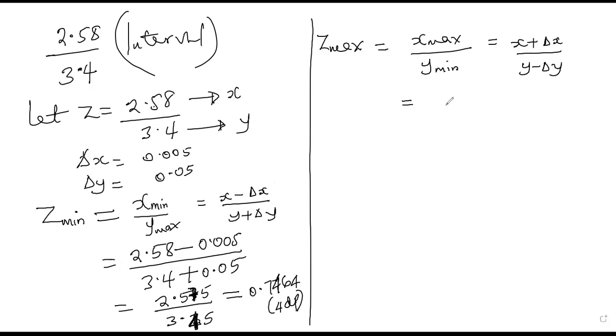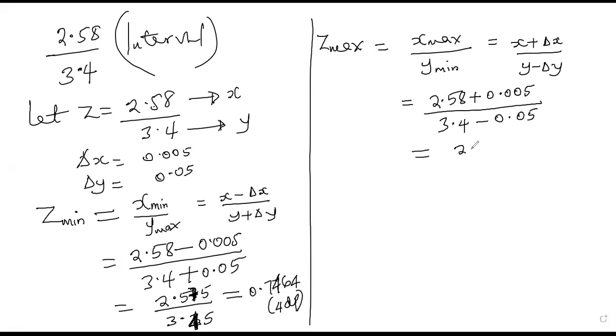So it is X, which is 2.58 plus delta X, that is 0.005, out of Y minus delta Y. Y is 3.4, minus delta Y is 0.05.